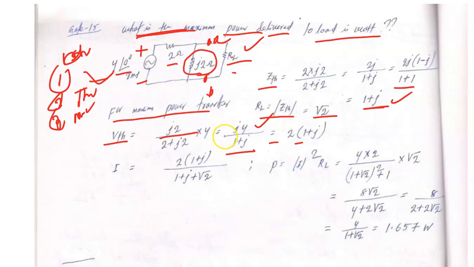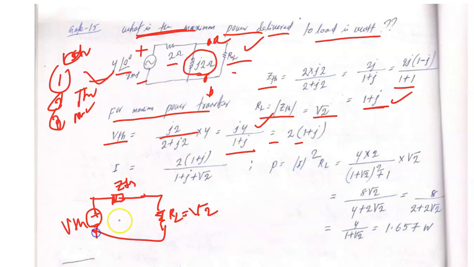Then you have to find the current. Now you have the circuit with VTH, ZTH and RL, which is root 2. Finding the power, because it asks to find the power, so I have to find the current.